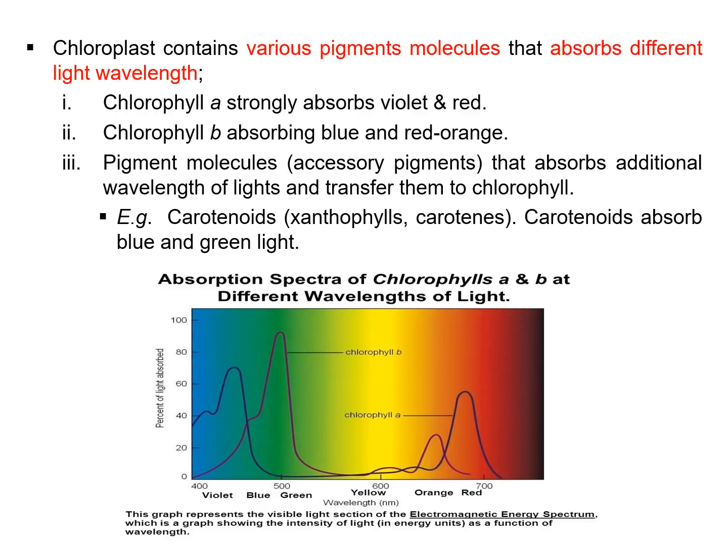Meanwhile, chlorophyll B is more specialized in blue and red-orange, and the wavelength strength is about 500 and 650 nanometer.